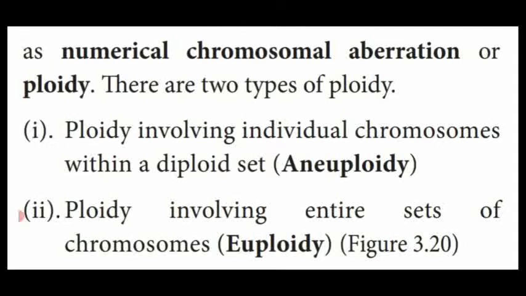But the other ploidy involves the entire set of chromosomes. That means the total 23 pairs of chromosomes show the changes, and that is said to be euploidy. So these are the two types of ploidy. Aneuploidy and euploidy is an important 2-mark question.